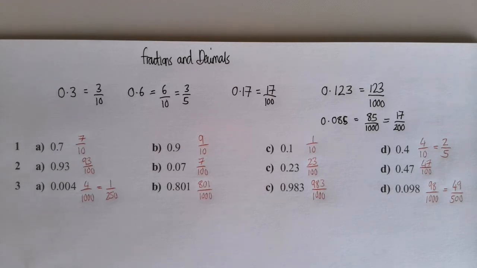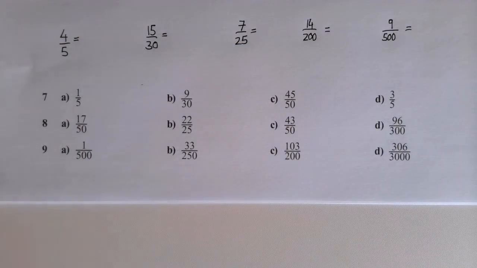So what about when we go from a fraction to a decimal? Let's have a look at that. In yesterday's lesson, we changed fractions to percentages by making their denominators 100. And it's very similar, isn't it? Changing fractions to decimals, except it's easier.